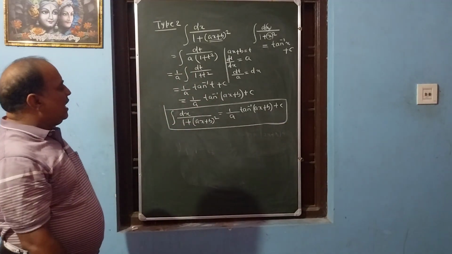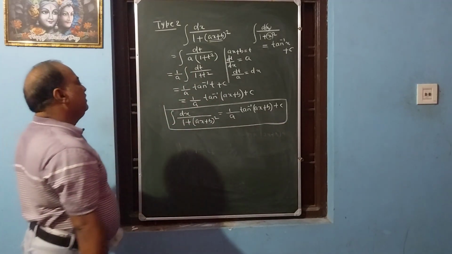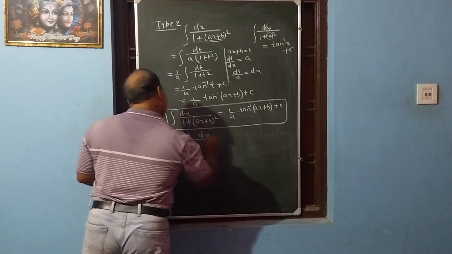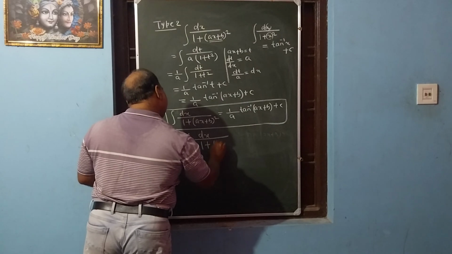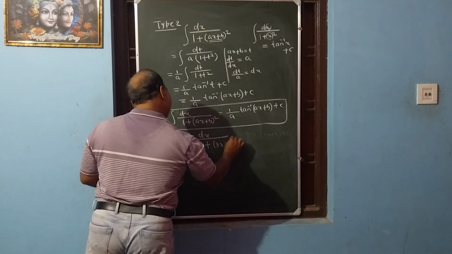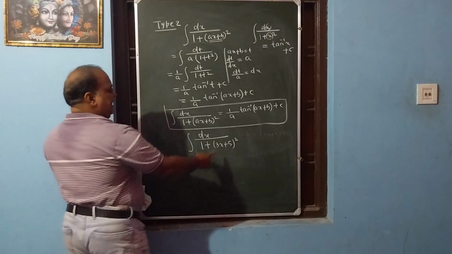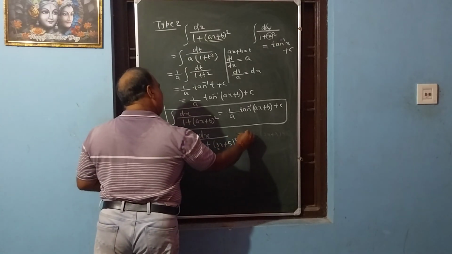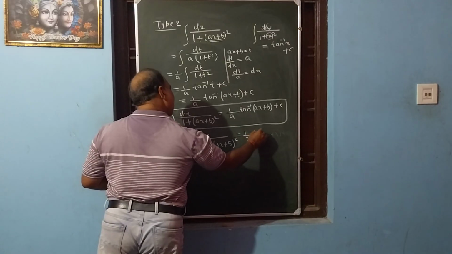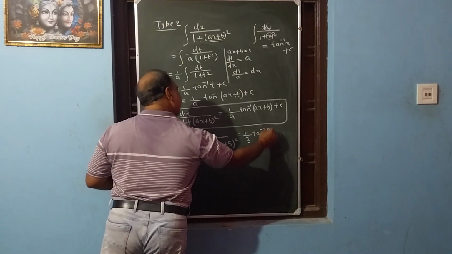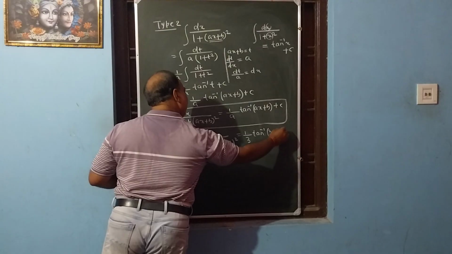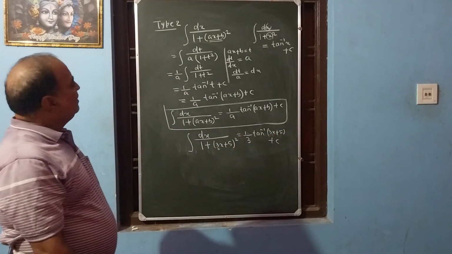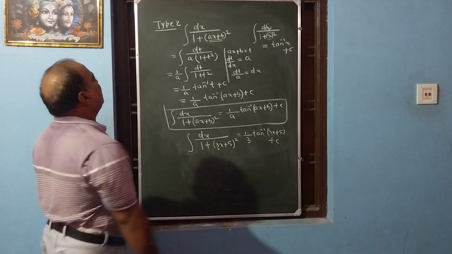Using this formula, now we have one example: integration of dx upon 1 plus (3x plus 5) whole square. Here you see the coefficient of x is 3, so that will be divided there. It is 1 by 3 tan inverse (3x plus 5) plus c. So this is the answer. Next, another type, number 3.